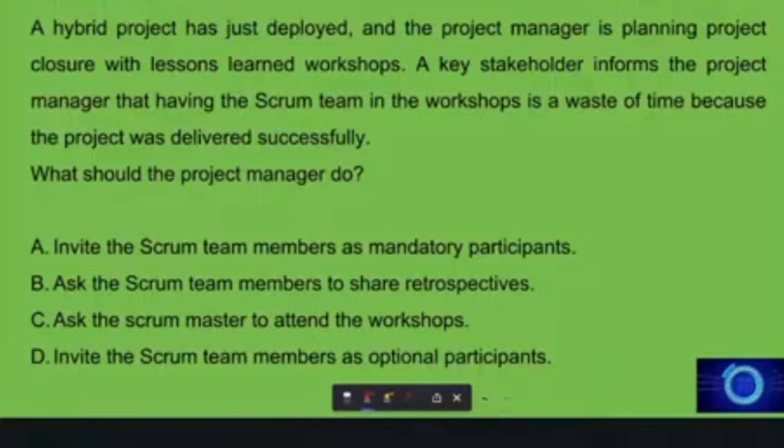What should the project manager do? A, invite the Scrum team as mandatory participants. B, ask Scrum team members to share their retrospective. C, ask the Scrum Master to attend the workshop. D, invite the Scrum team members as optional participants.